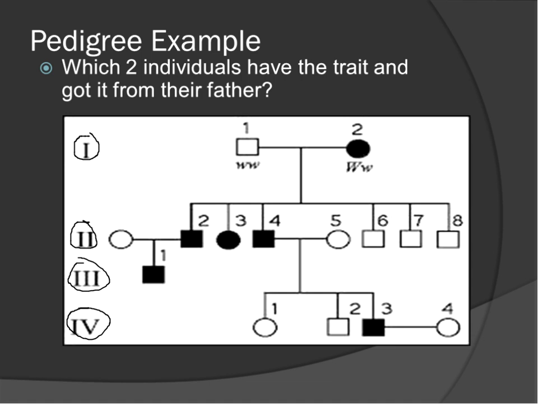So I want you to look at this pedigree, and I want you to try to think which 2 individuals have the trait and got it from their father. Remember, a father is a square. So which 2 individuals have the trait and got it from their father? So think about it and try to type those in the bottom.